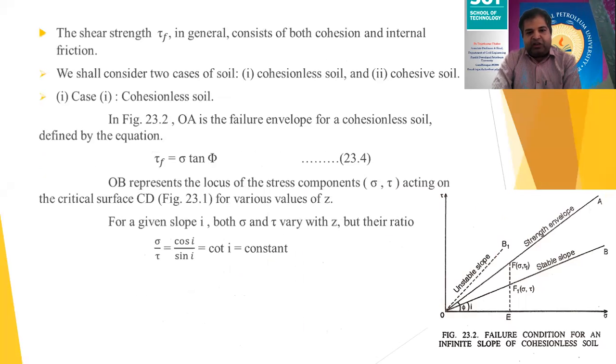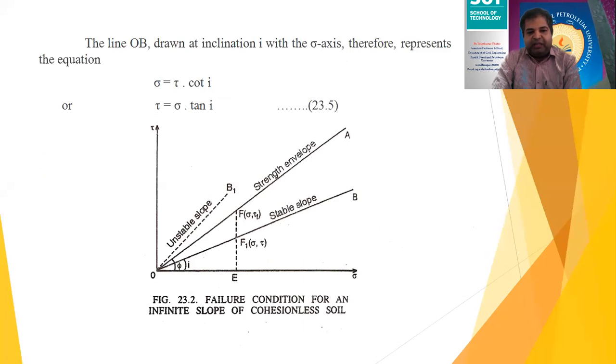And if it crosses the value of phi, the internal friction, then the slope becomes unstable. We have also taken several cases for cohesionless soil, like submerged or saturated conditions, and seen what difference takes place in the infinite slope equation.